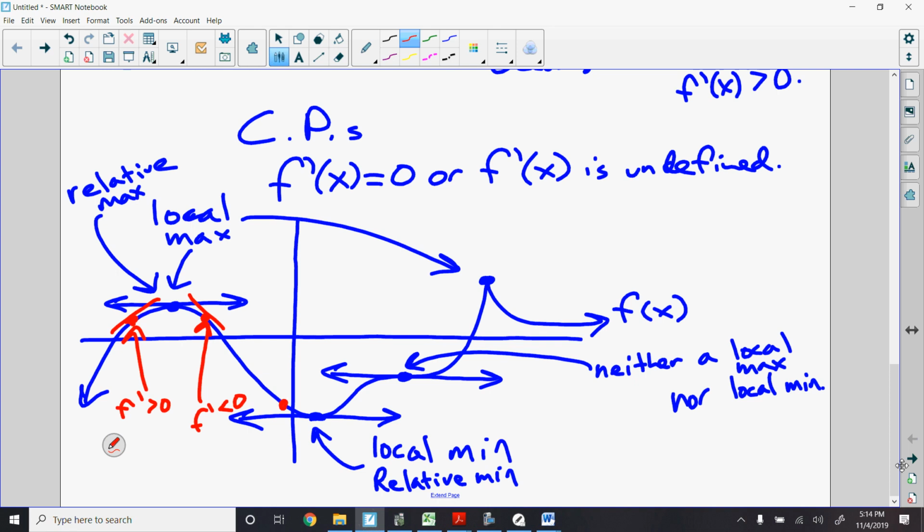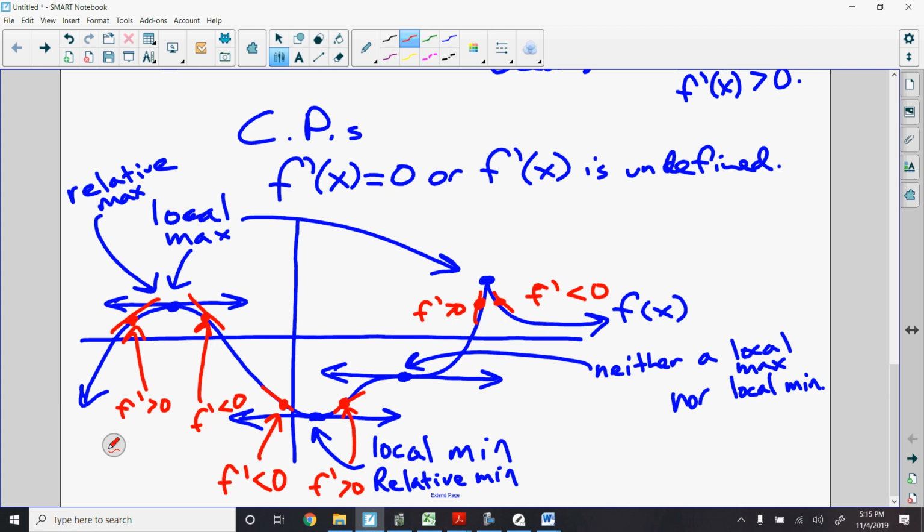F prime switched from a negative number, negative slope, to positive slope. This local max over here, f prime was positive, and then over here, f prime was negative.